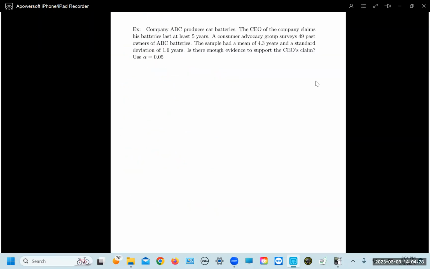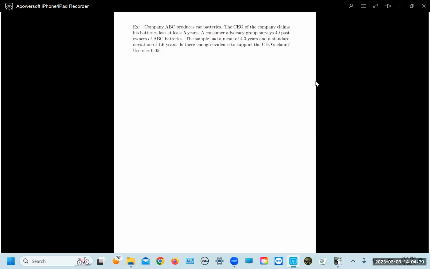So we can go with an example. A company ABC produces a car battery. The CEO of the company claimed his battery lasts at least 5 years.